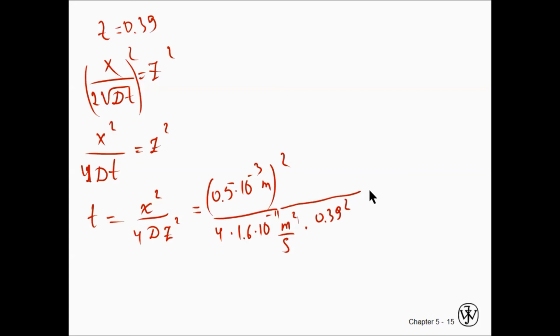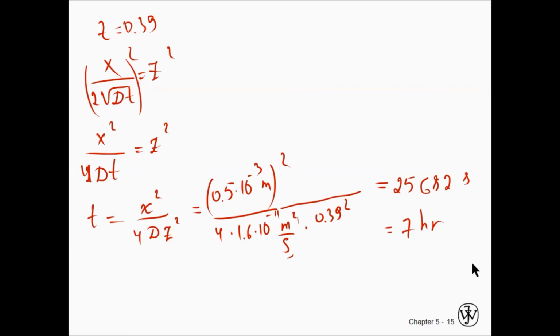Now carry out the calculation. The value is 25,682 seconds, because if it is a second here, meter squared will be gone, and divide by 3600, it is 7 hours.